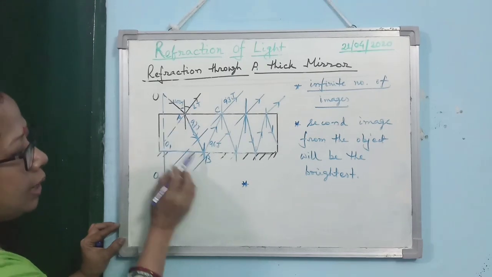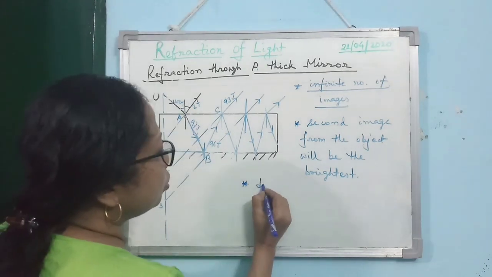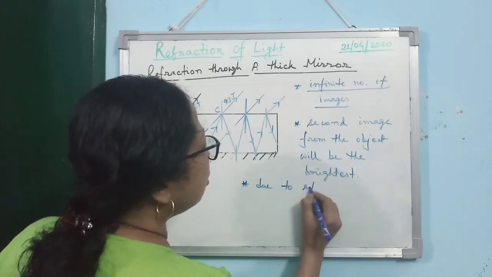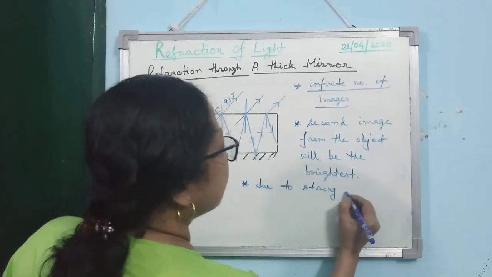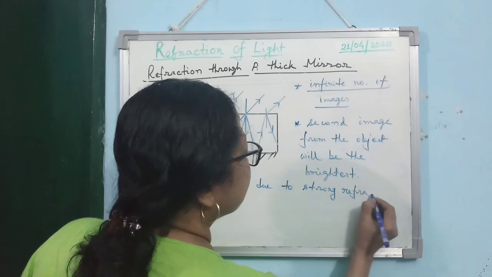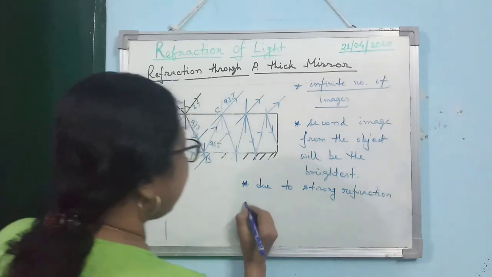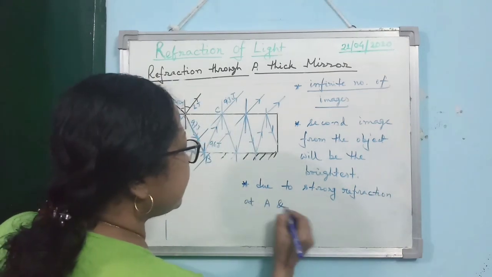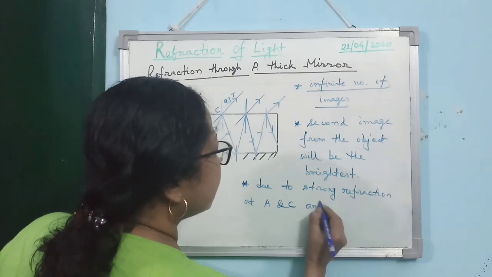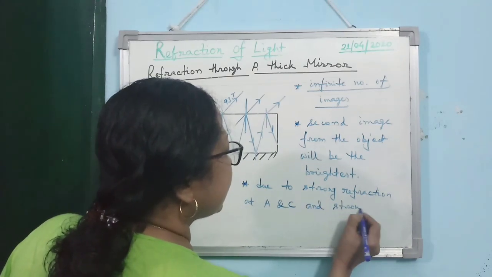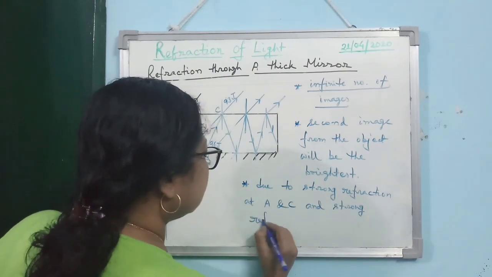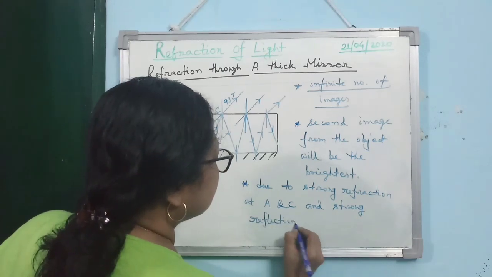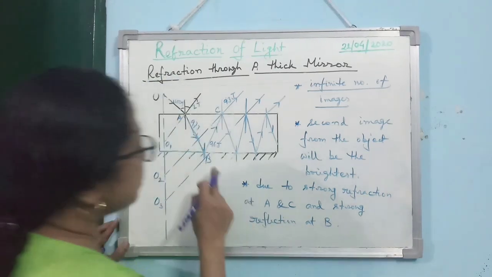Name these points A, B and C. Due to strong refraction at A and C and strong reflection at B. Is that clear?